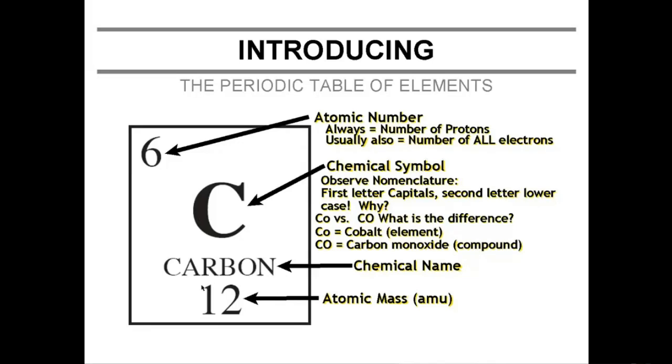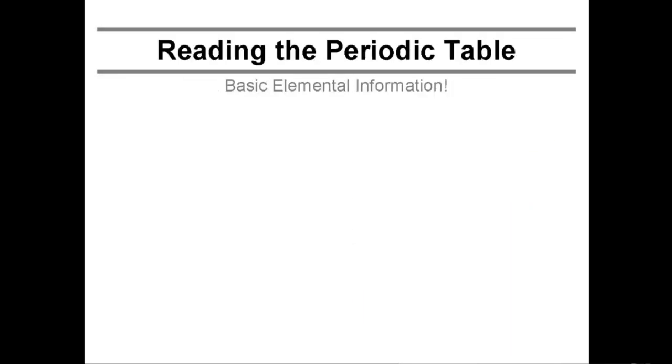Well, we could calculate now how many neutrons must be in a carbon atom to give me an atomic mass of 12. That shouldn't be too difficult. So the atomic mass is the number of protons plus the number of neutrons present. All right, so that's how we read these symbols.